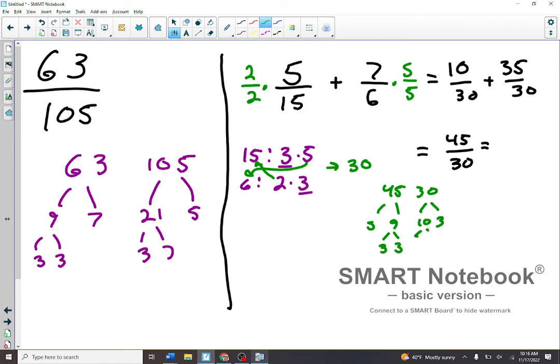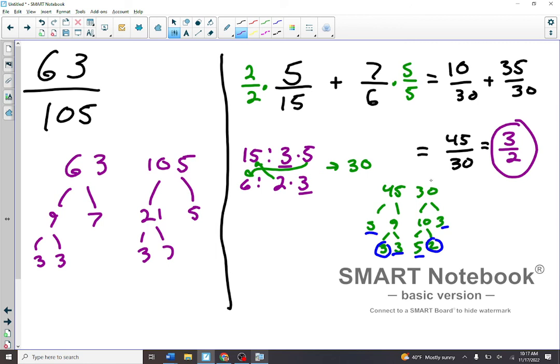Oh, I hate these trees. There's so much work. So in common, they already have a 3 and a 5. The other one's just missing a 2. So this one's missing a 2 and this one's missing a 3. So that means 3 over 2. Wait, how do you know which one to put first, 3 over 2 or 2 over 3?